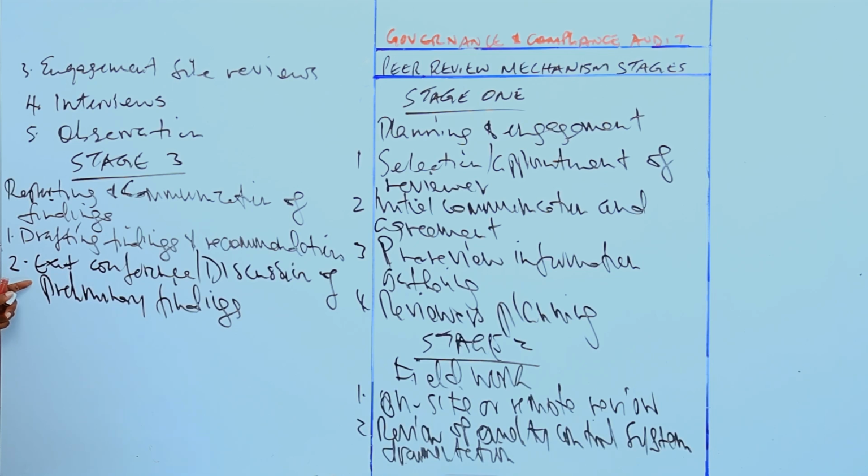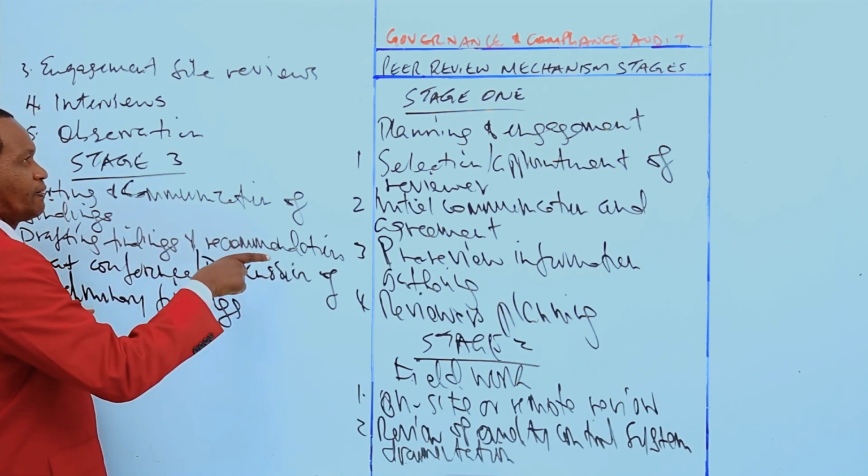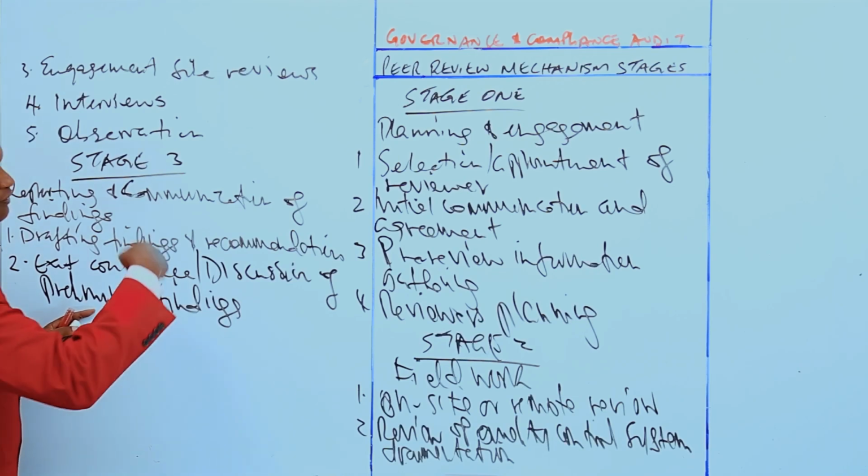Then the peer review team holds an exit conference or meeting with the reviewed entity's management to discuss preliminary findings and recommendations. This is a discussion with the firm that is being reviewed.